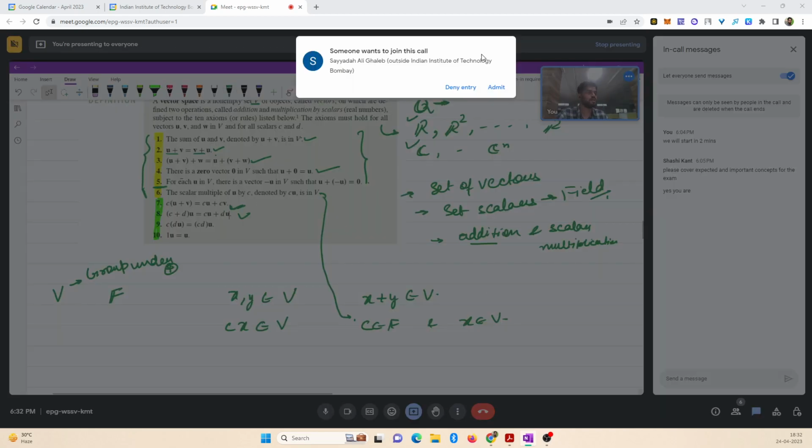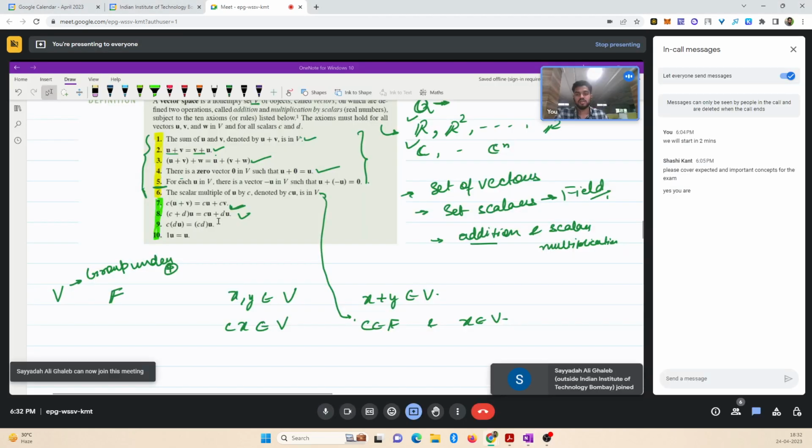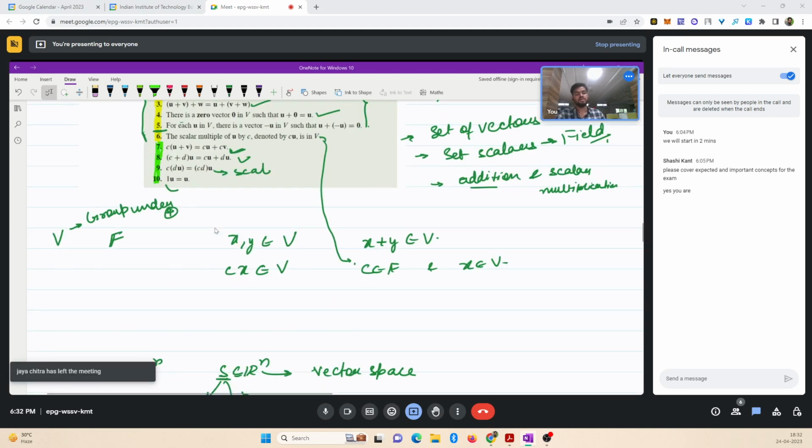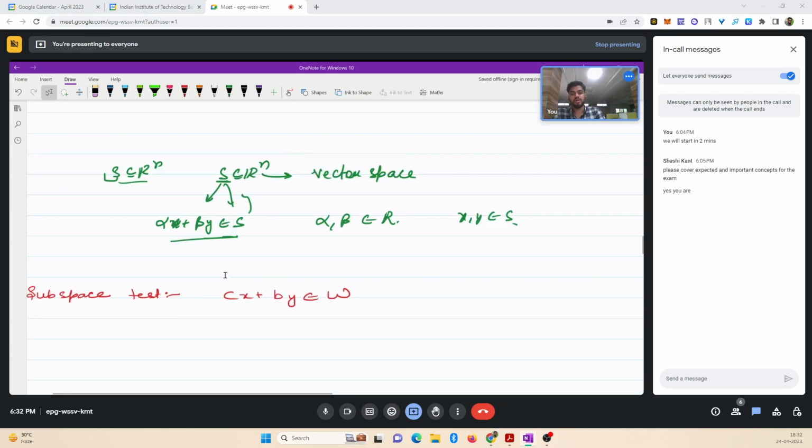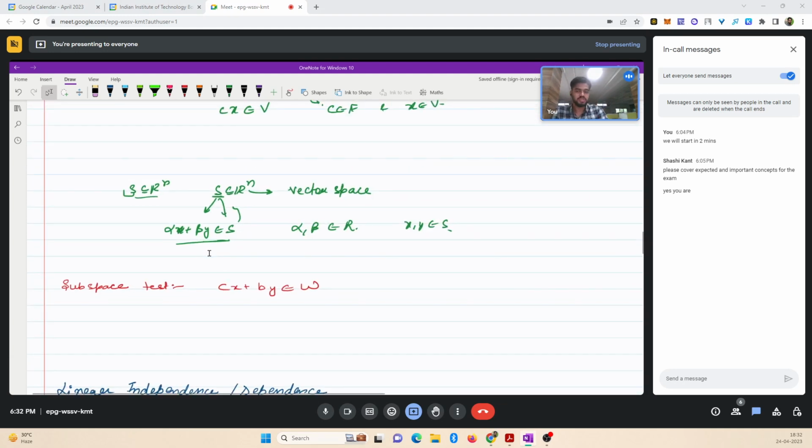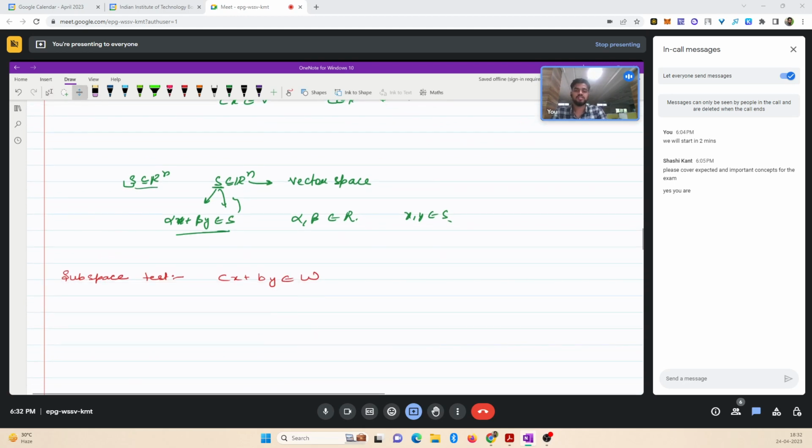And the last point is that it is associative under scalar multiplication and existence of scalar identity, sorry, multiplicative identity.